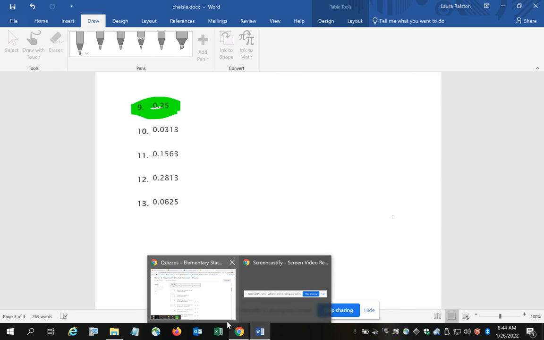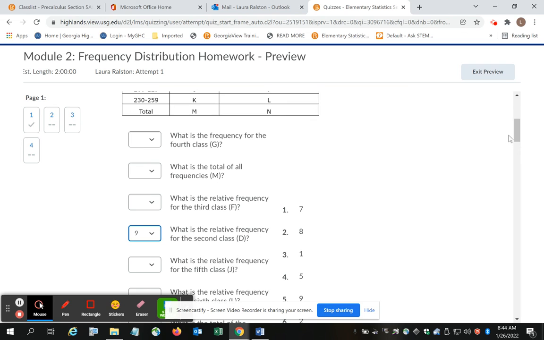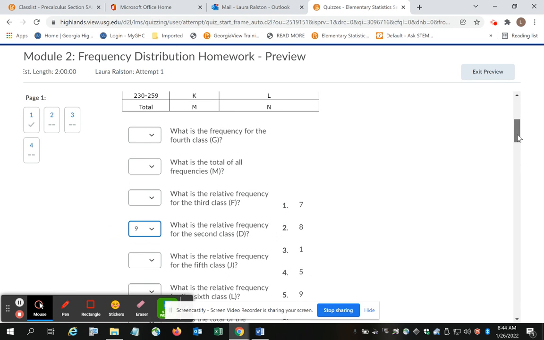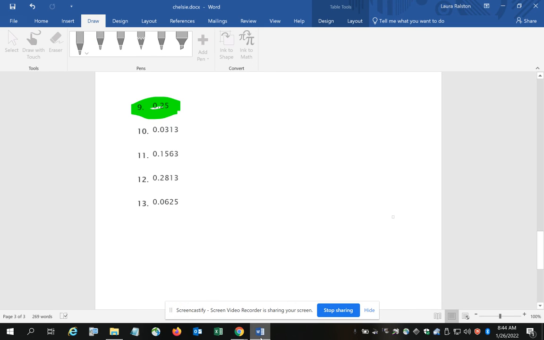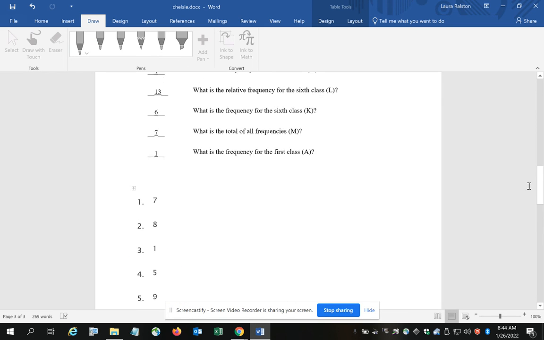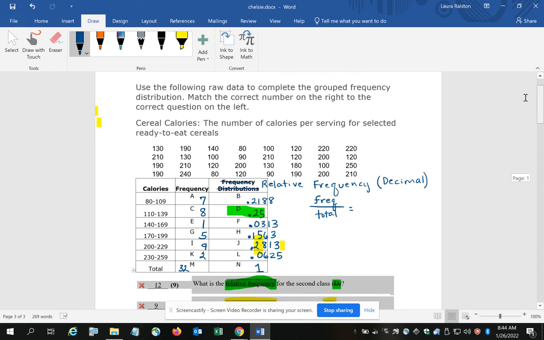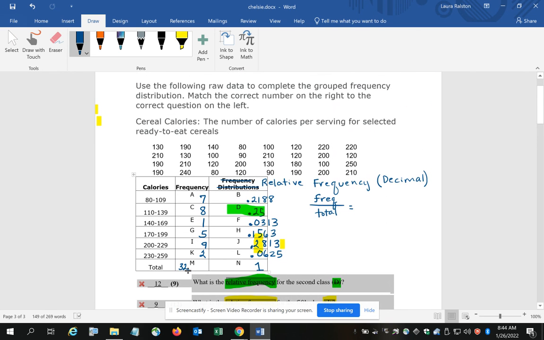So I would go over, and again, if I find that question, what is the relative frequency of the fifth class, that corresponds to number 12. So it's a matching, guys. And the best thing to do is to complete your table first, then go back and answer the questions.